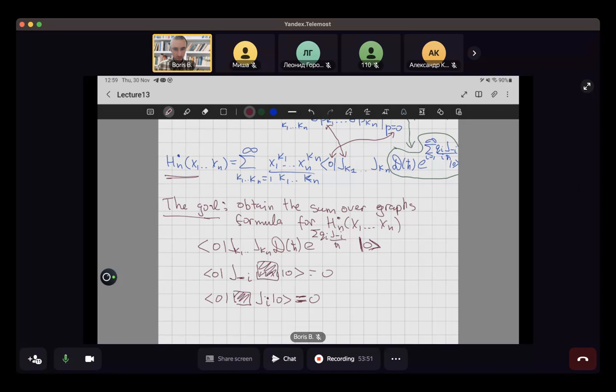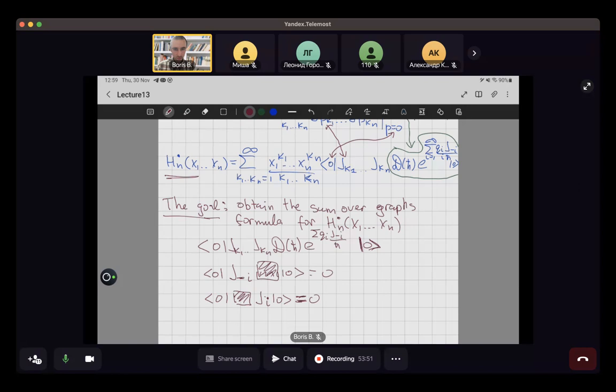Okay, we have this epsilon operator, and one more. And okay, how to deal with this D? So we know how to compute J, but how to deal with D?